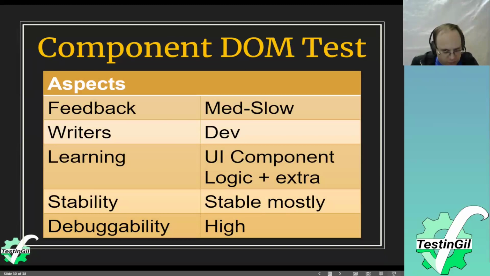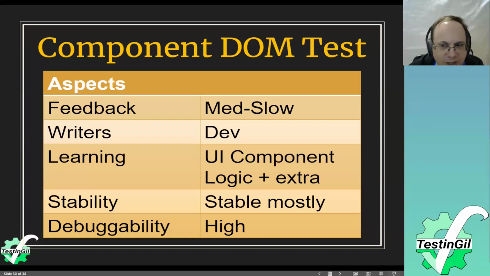So it's slow. First of all, this is like a very small project and it's still slow. So until everything runs and so on, it's slow. Who writes this? This is the developers. The people who are writing, developing the components know how to test it. Somebody outside the development area will not know how this works.